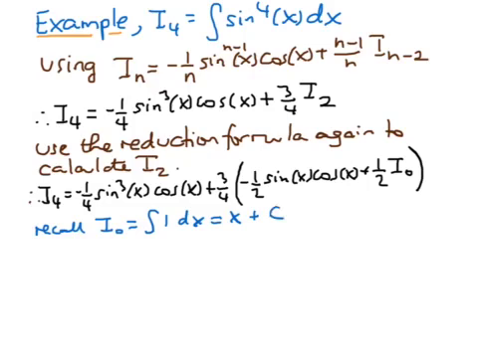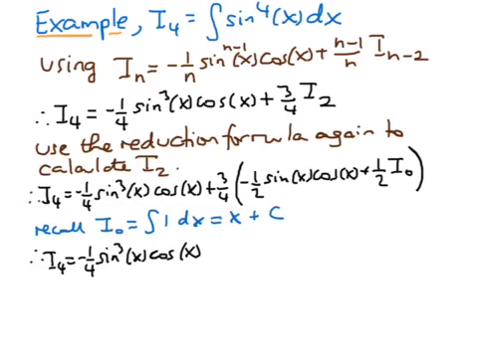So what we have is that I4 is minus a quarter sine cubed of x times the cosine of x, and now I want to expand this bracket and multiply every term by the 3/4, so it multiplies here and here.